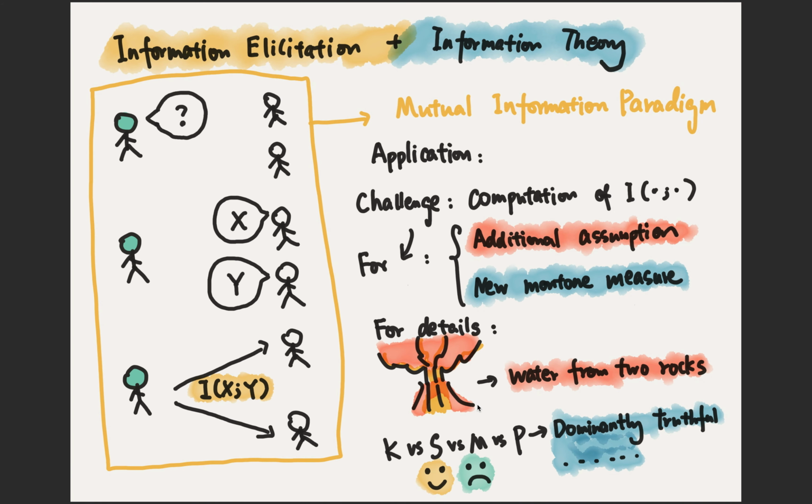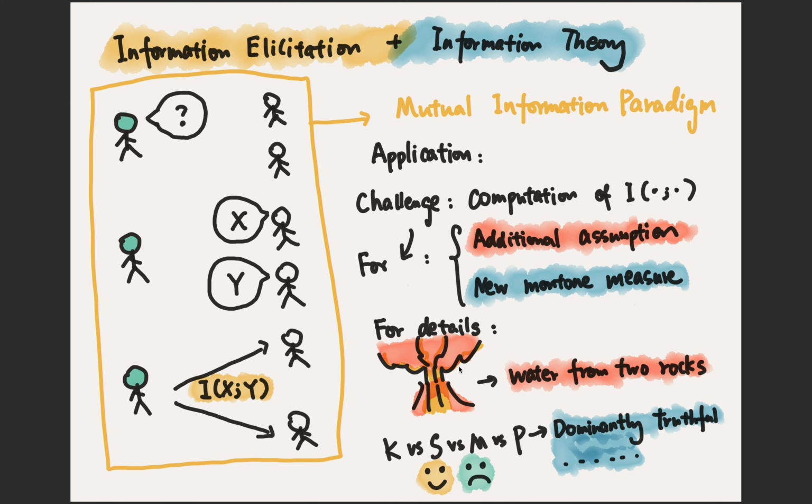Okay. But that is actually wishful thinking, because the computation of the channel mutual information is always a problem. To address this challenge, one thing we can do is make additional assumptions about the structure of X and Y. Another thing we can do, in some situations, is develop new information monotone information measures that have better properties than the channel mutual information.